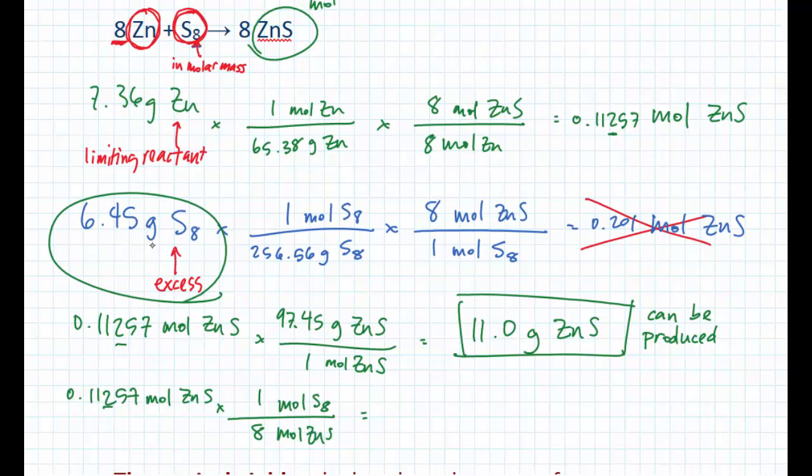Yep, 0.11257 divided by 8. Let's do one more sig fig, 0.014071. Yep, I say were used. Okay. So then what?